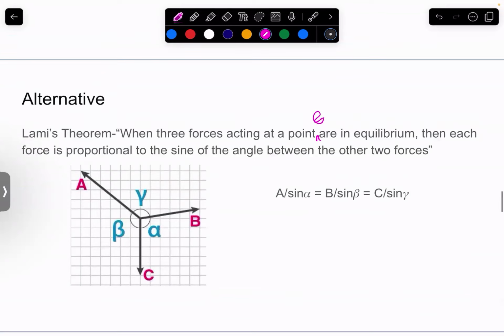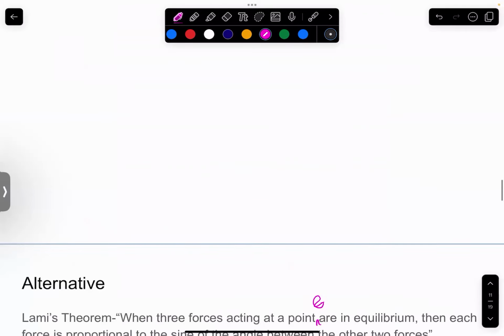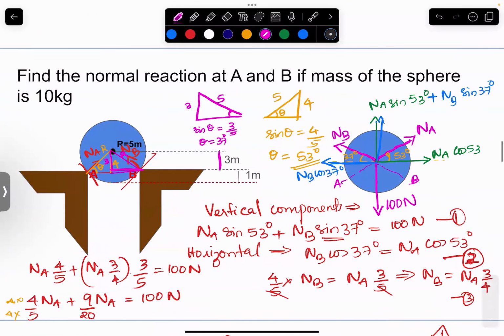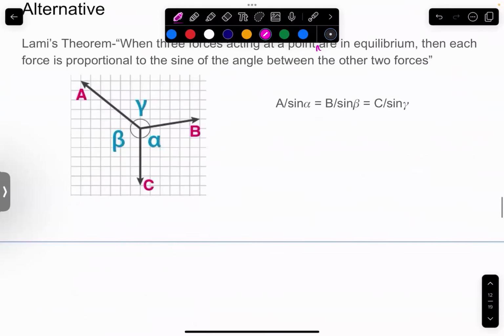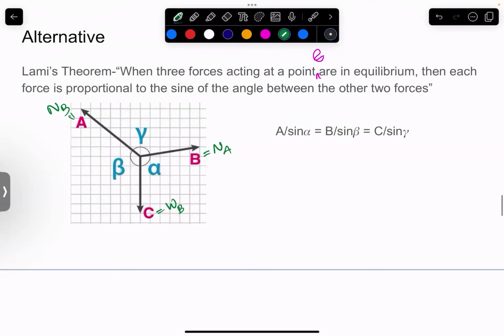Here you can see this is Na, Nb, and the weight of the body. So if you equate these forces, this as Na, this as Nb, and this as the weight of the body, then you can easily find the angles, right?